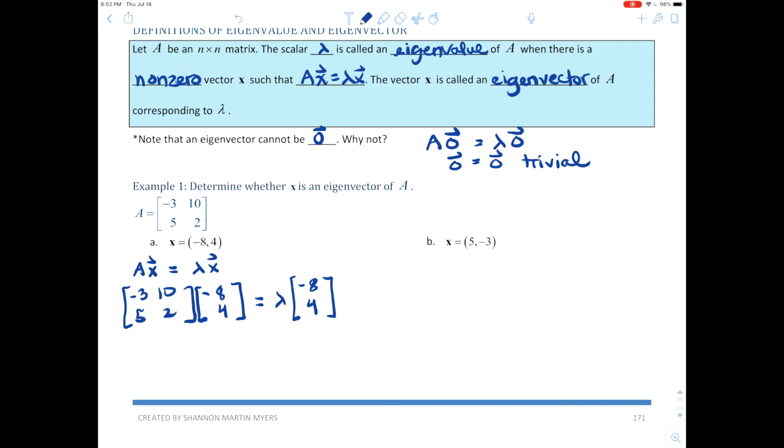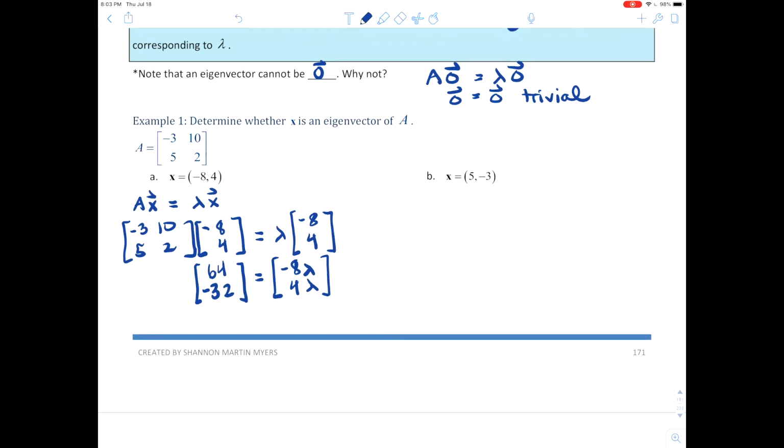When we multiply these two matrices, we're going to get 24 plus 40, which is 64. And -40 plus 8, we'll have -32. And then that would equal -8 lambda and then 4 lambda.